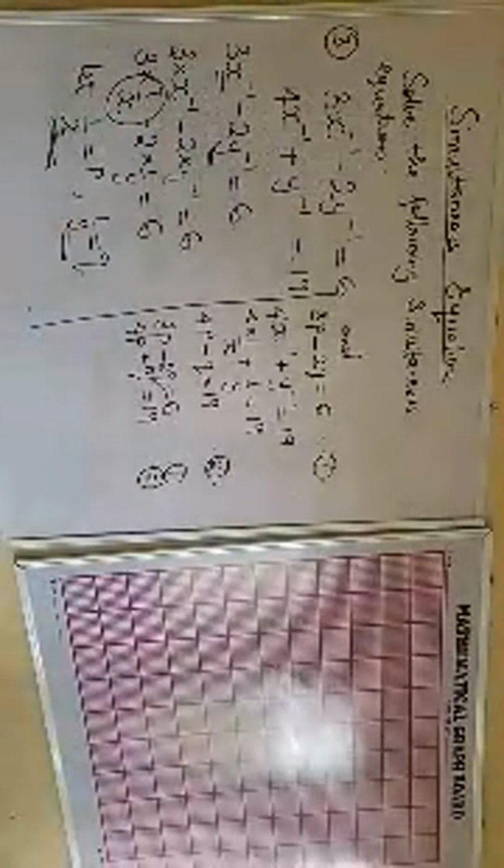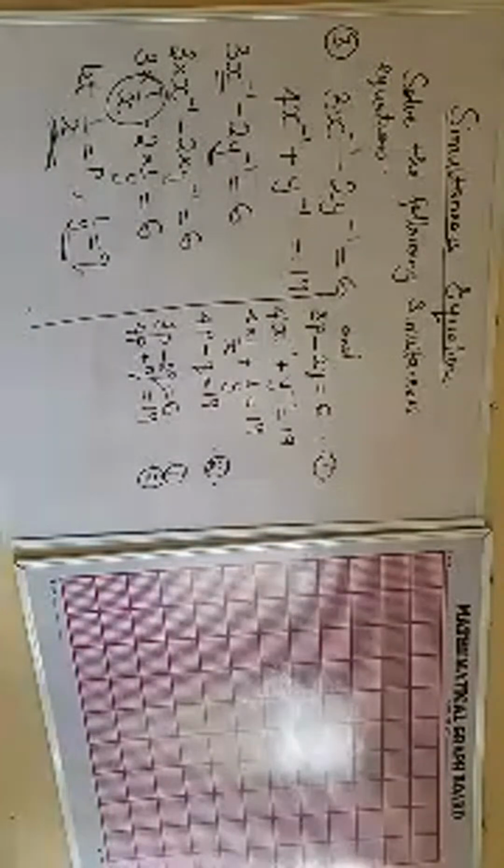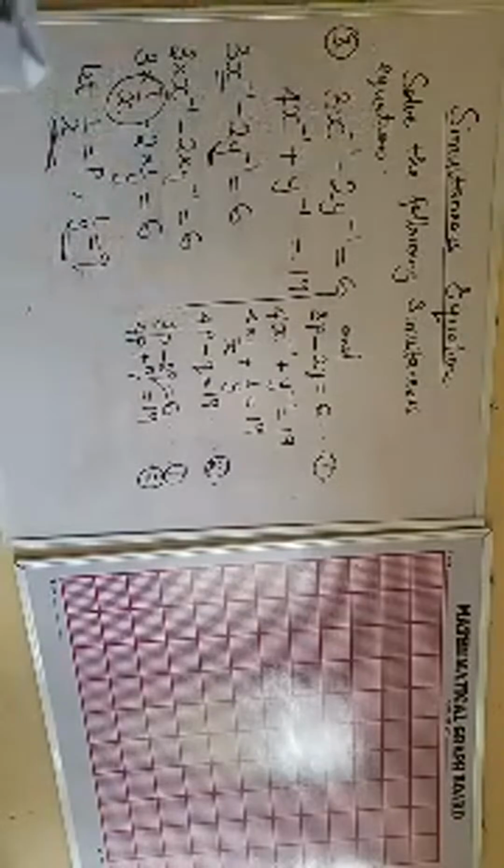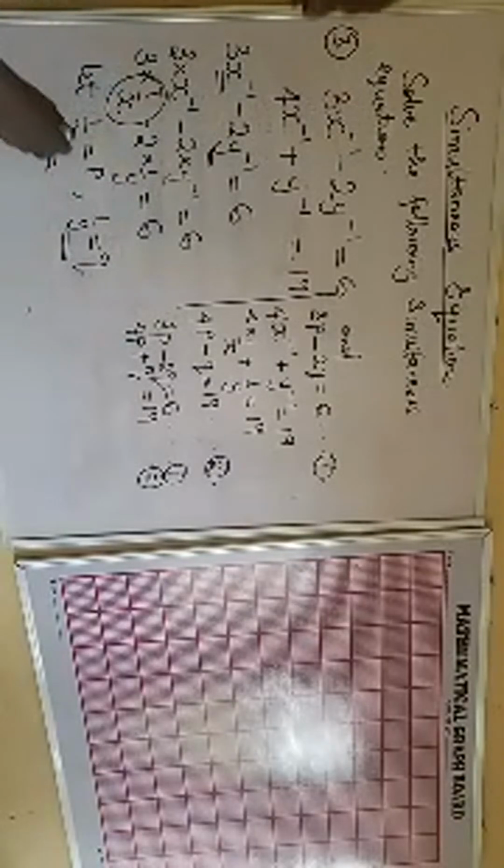So we can use either the elimination method or the substitution method. Okay, let me use the elimination method here. Before you can use the elimination method, you look at the coefficient of p in equation 1 and the coefficient of p in equation 2.